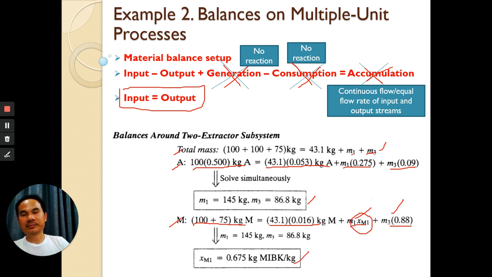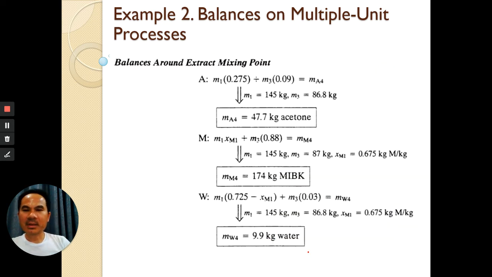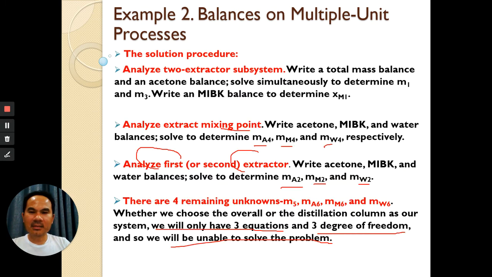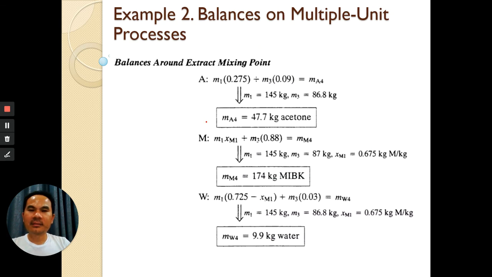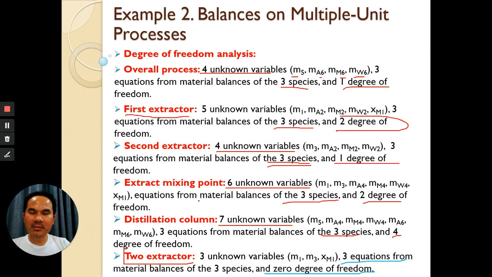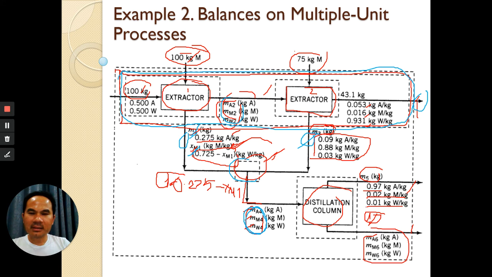You can solve for XM1. And then you can balance around the mixing point. A balance, M balance, and W balance. For the A balance, you have to check the amount of A. A is 0.275 multiplied by M1 plus 0.09 multiplied by M3. The output is MA4. This is the A balance.